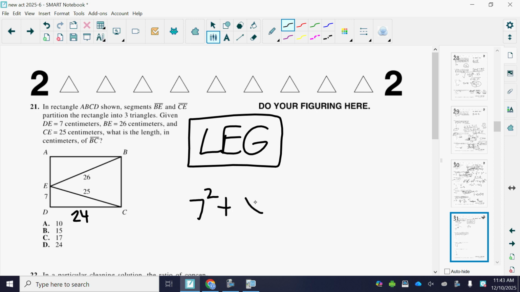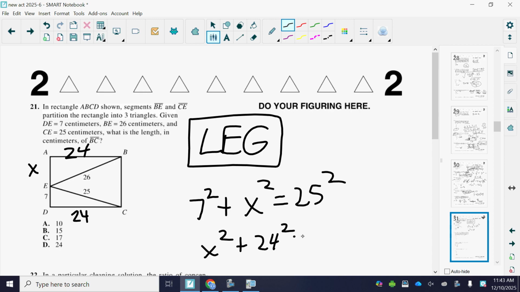It would be 7 squared plus x squared equals 25 squared, and that's the 7, 24, 25 triple from geometry. Anybody remember that? And what's this one? This one's the 5, 12, 13. You can do the same thing. X squared plus 24 squared equals 26 squared, or use the LAGE program. The LAGE program will give it to you right quick. It's 10.